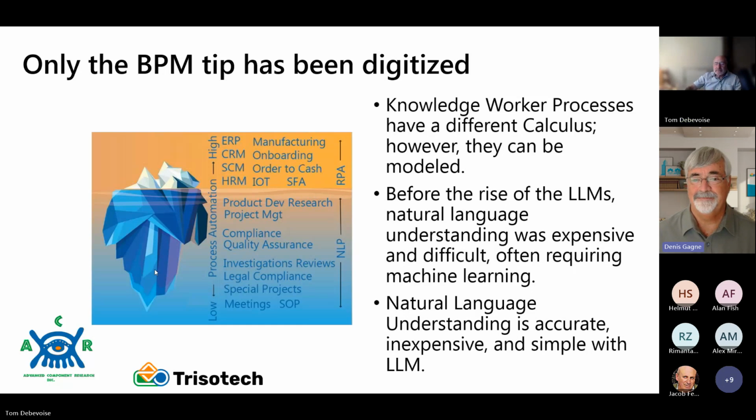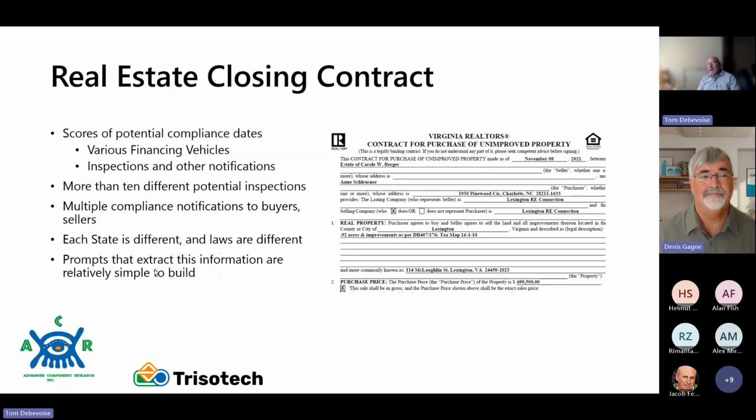Okay, so the use case that we're dealing with is a real estate closing contract. There are many different iterations of what happens when you sell a property. You have different financing vehicles.